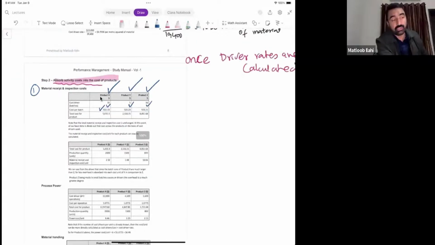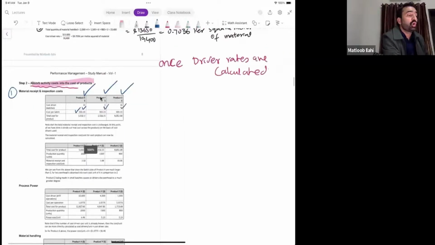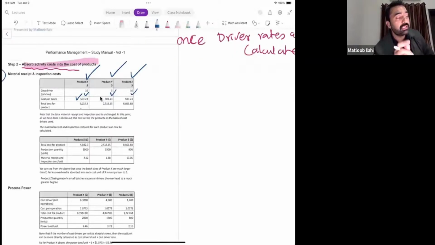Cost per batch is 503, which we calculated here. Multiply this, and we have the total cost of material receipt and inspection: for product X 5,032, for product Y 2,516, and for product Z 8,051. This is the overhead cost of material receipt and inspection for each product.